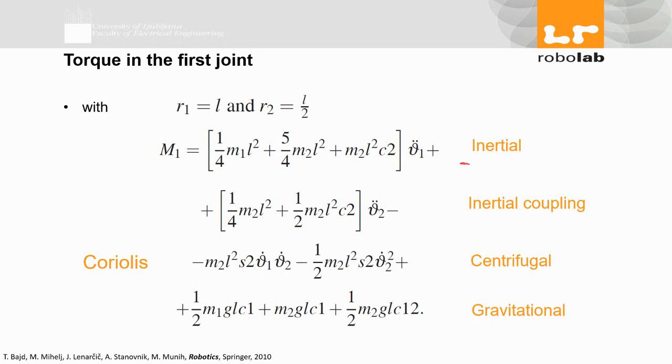One is inertial. Why inertial? Because it's related to mass and acceleration. It's very similar to what we had in linear mechanics, linear dynamics. Mass times acceleration.